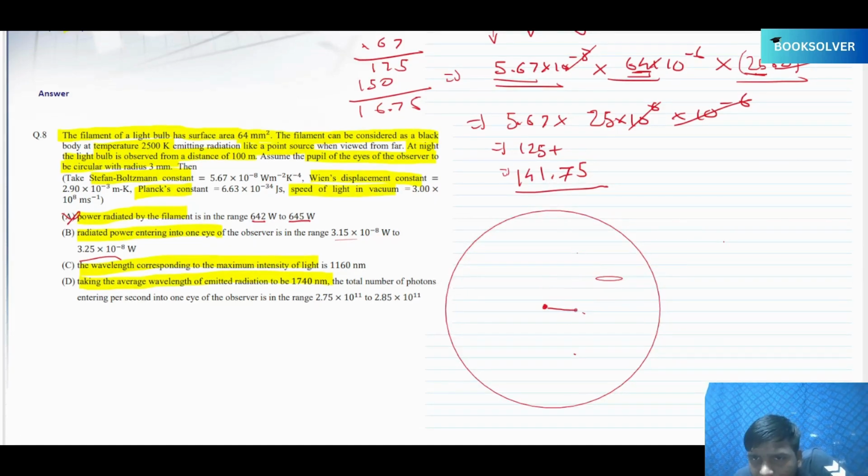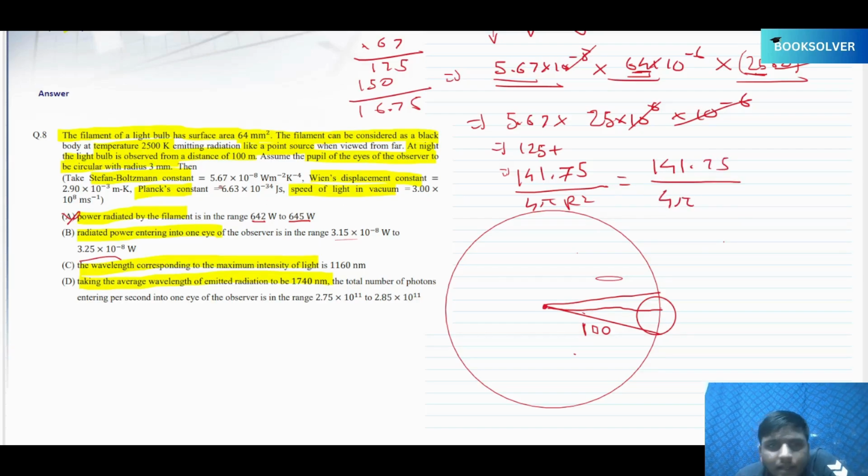Now at some radius of 100 meter, don't consider it a circle, it is spherical because it's in space. So at this point, what will be the intensity, through some cone or solid steradian angle? How can we calculate this? It is nothing but the power divided by the net surface area, so 4 pi r square. It will be equal to 141.75 by 4 pi into 100 meter square, that is 10 to the power 4.